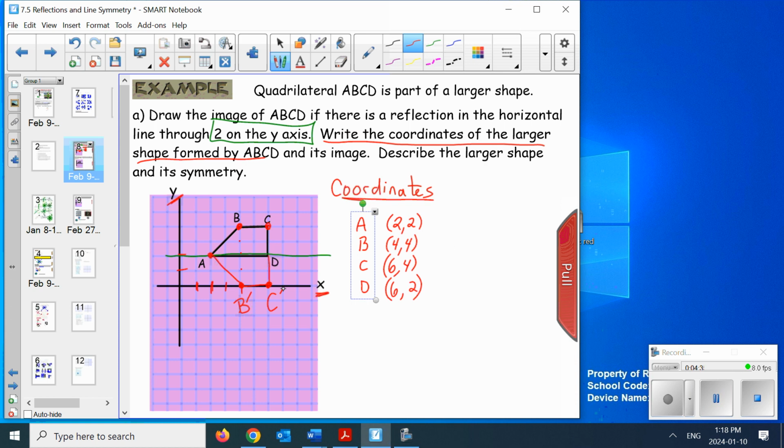Normally I go straight down, but I'm going to put B prime right beside that and C prime right beside that. Now, B prime is still over 4 like the B one. But it's on the 0 height. It's on the x-axis itself. So 4 comma 0. C, similar story, 6 comma 0.